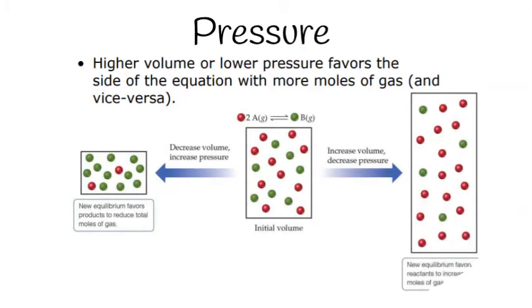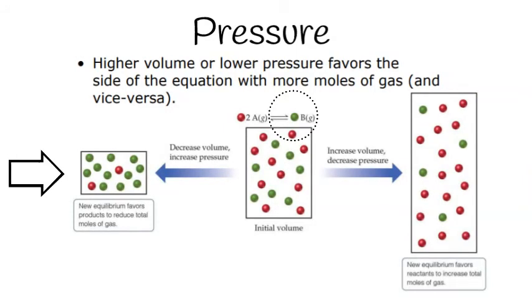So we can look at 2 changes that we can impose in terms of pressure. We can decrease the volume to increase the pressure and increase the volume to decrease the pressure. Let's first consider when we make the container smaller to increase the pressure. Looking at the equation above, we can see that there are 2 moles of gas on the left and only 1 mole on the right in green. So, as we have increased the pressure as our change, the system wants to oppose that and decrease the pressure.